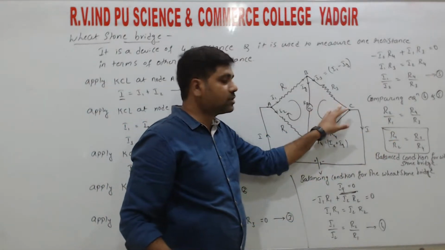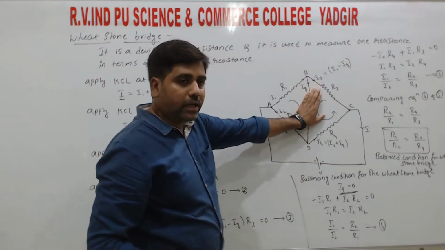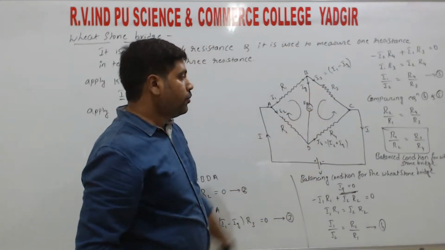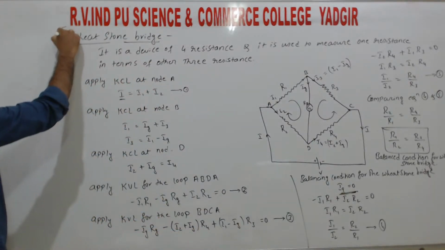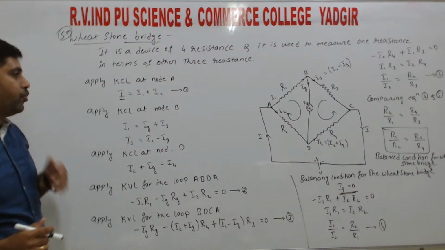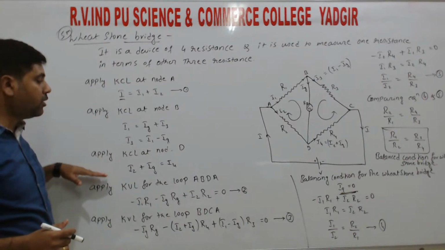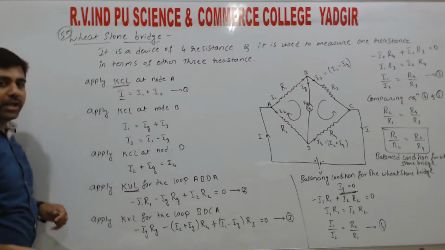When the bridge is balanced, it means the current through the galvanometer is 0. Right? Very important derivation. Several times they ask this for 5 marks. Here we are applying both Kirchhoff's current law and Kirchhoff's voltage law.